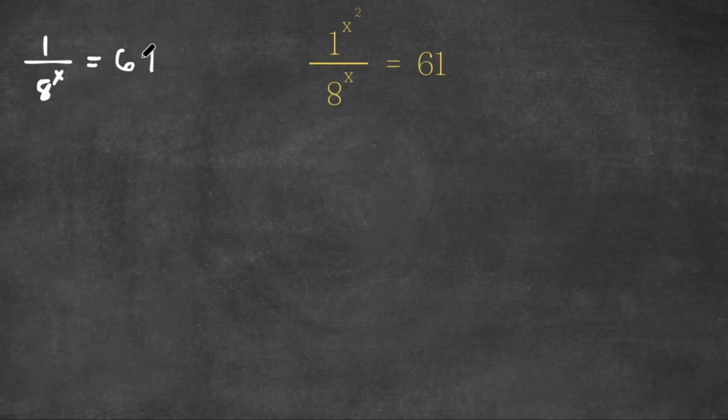Now, if I multiply both sides by 8 to the power of x, I get 1 is equal to 61 times 8 to the power of x.